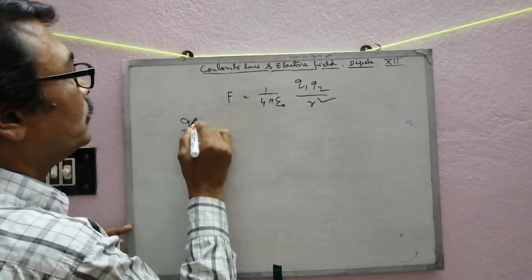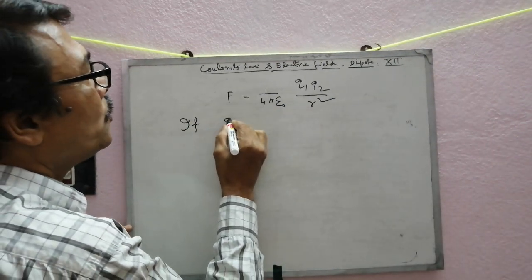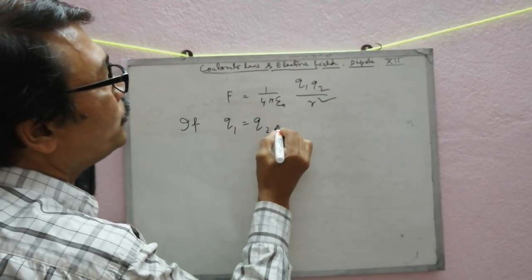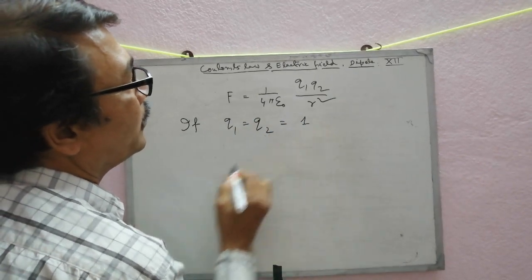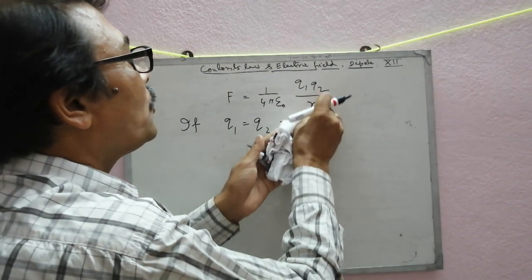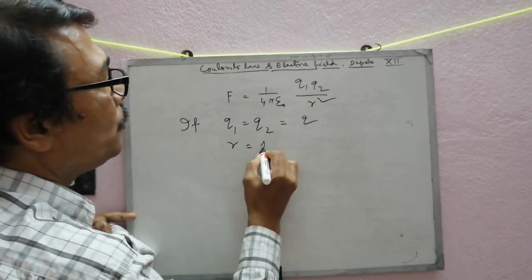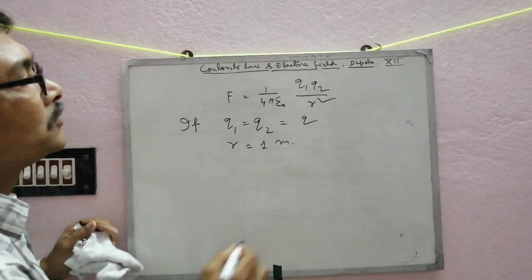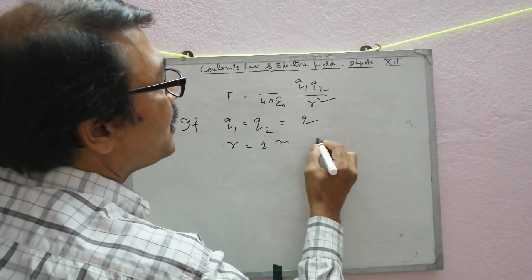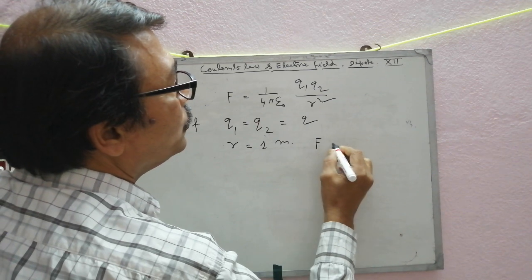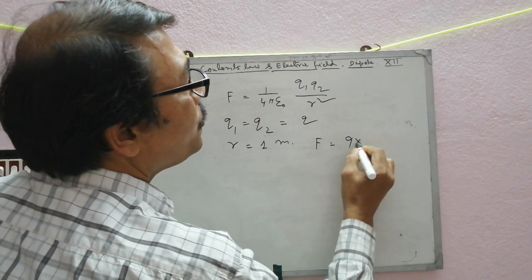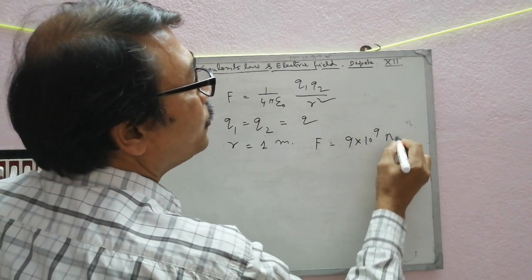If Q1 equal to Q2 equal to Q, R equal to 1 meter, F equal to 9 into 10 to the power 9 Newton.